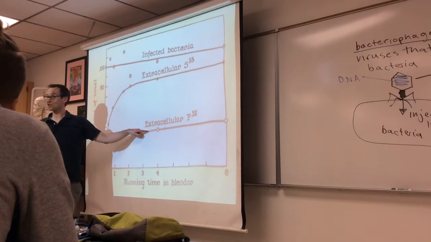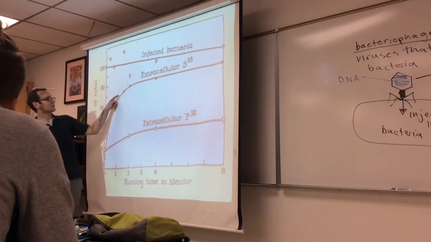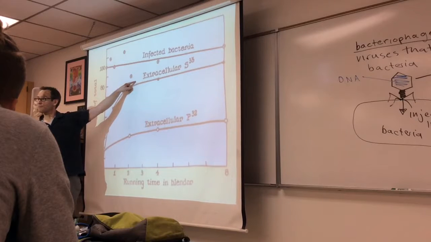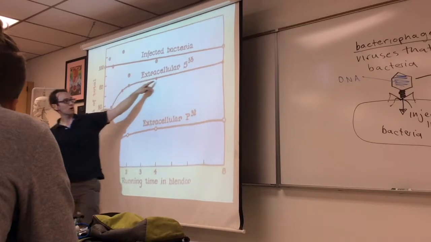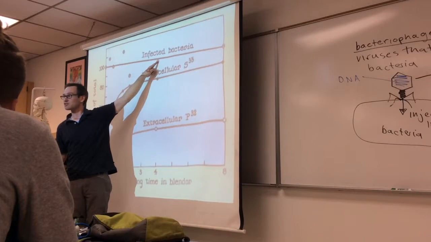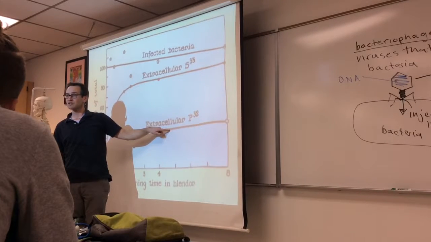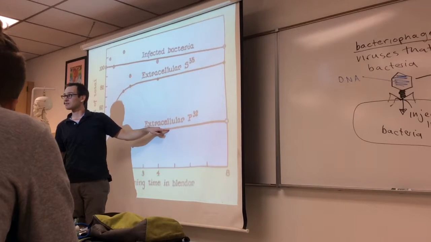I mean, that's almost all of the radioactivity is still inside the cell. As you shake off the bacteriophages, you shake off more and more of the protein-associated sulfur, but it doesn't affect the infection because the infection is based on the phosphorus, which is associated with the DNA.